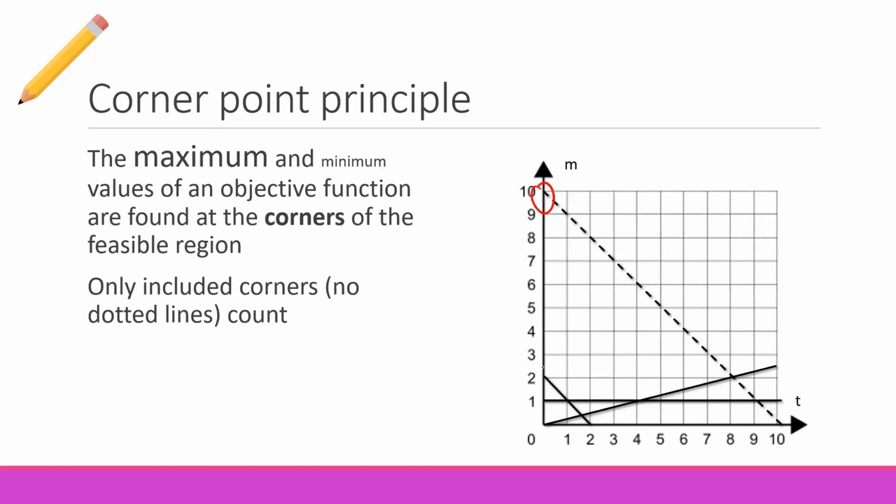So this corner here, this corner here, this corner here, and this corner here. But note, it only includes corners with no dotted line. So this one and this one wouldn't count because they've got a dotted line. Even though they go up, because they've got a dotted line, they don't actually count as proper corners for the objective function. So you don't need to do the corner point principle on those corners because they don't count.